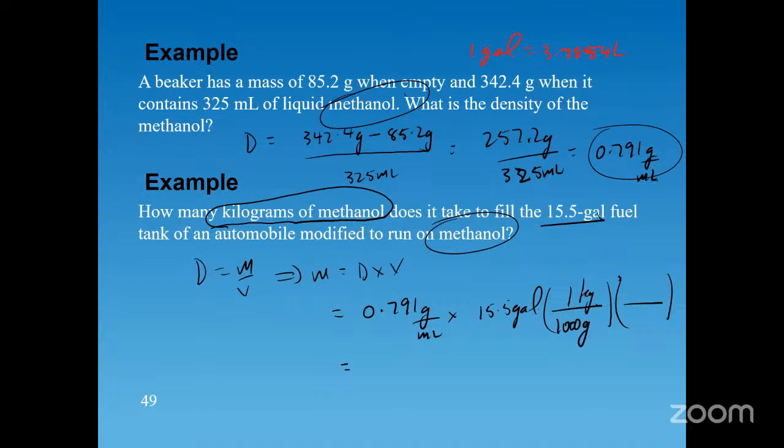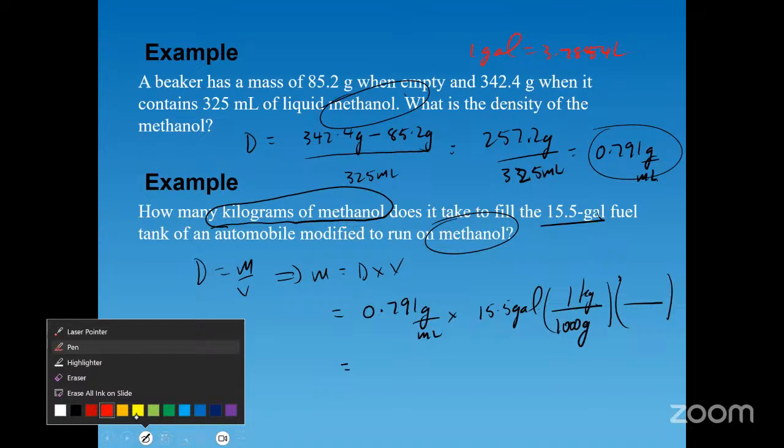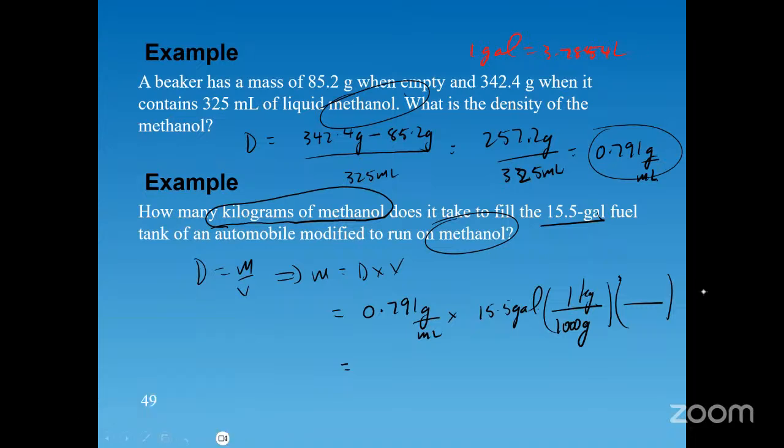Right, so the first thing I'm going to do, in order to get that conversion going, is to convert from milliliters to liters. So I'm going to put 1,000 mils above and 1 liter below. And then the next conversion factor, I'm just going to continue down here, would be the conversion of the liters to gallons, as I said up here.